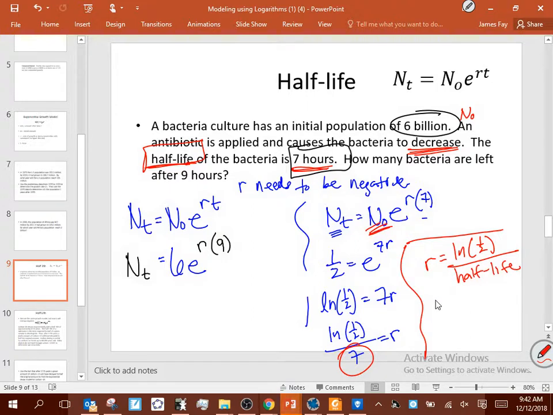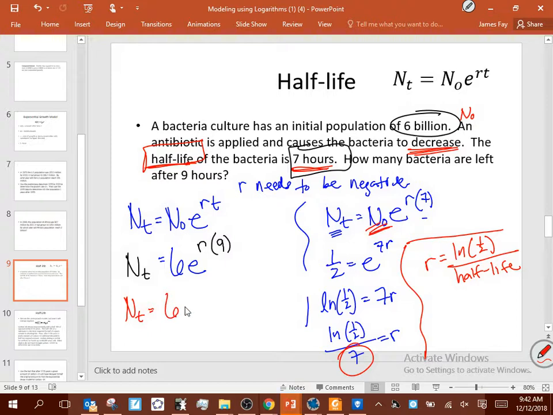All right, so if you're going through a question, and it's a half-life question, and they do not give you the rate of decay, if you don't want to go through that process that we went through, you can always take ln of 1/2 and divide it by whatever your half-life was, and that's going to give you the rate of decay that you need. So now, if I look at the overall question, it says, what is N of t?